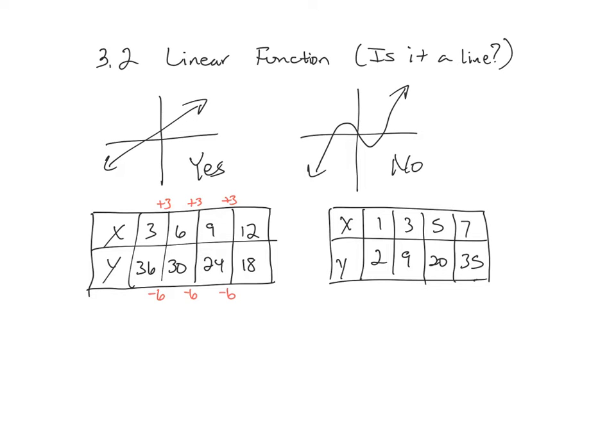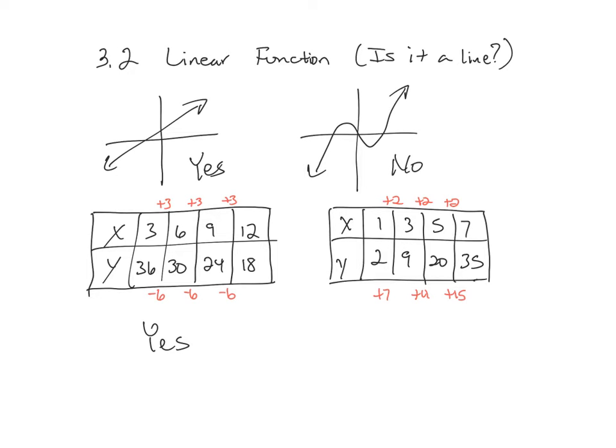Okay, so the x's go up by 2, and the y's go up by 7, then up by 11, then up by 15. Okay, so this first one is yes, it's a line, because the x's have the same number and the y's have the same number, not the same like together, like 3 and 3 or -6 and -6, but it's all the same.